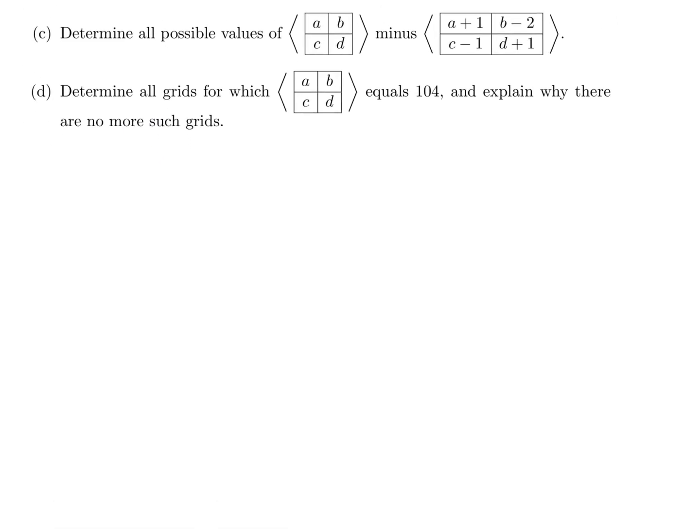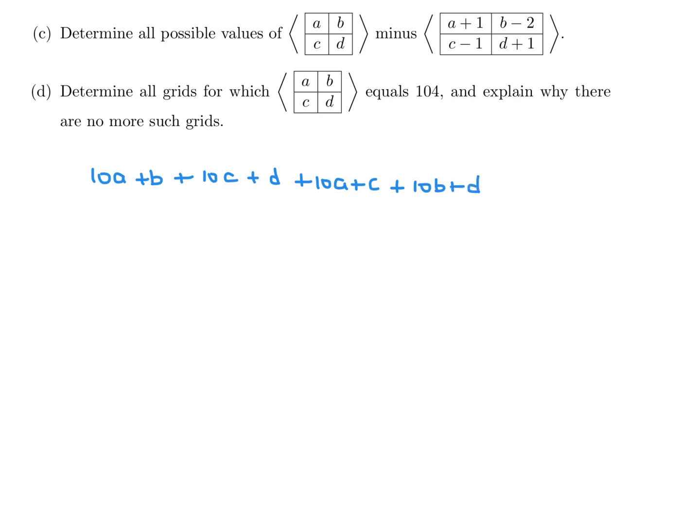Determine all possible values of a, b, c, d minus a plus 1, b minus 2, c minus 1, and d plus 1. So the same story: 10a plus b plus 10c plus d plus 10a plus c plus 10b plus d, okay?